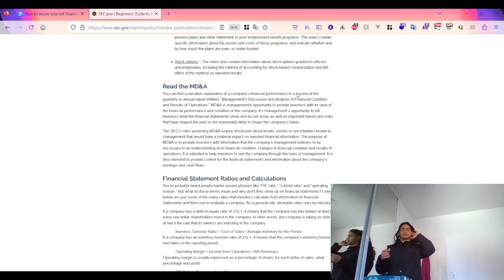So things like taxes, how this company is being affected by macroeconomics, politics, as well as risks that have shaped the company in the past, when it comes to how they have handled this task, or all the operations of their business.